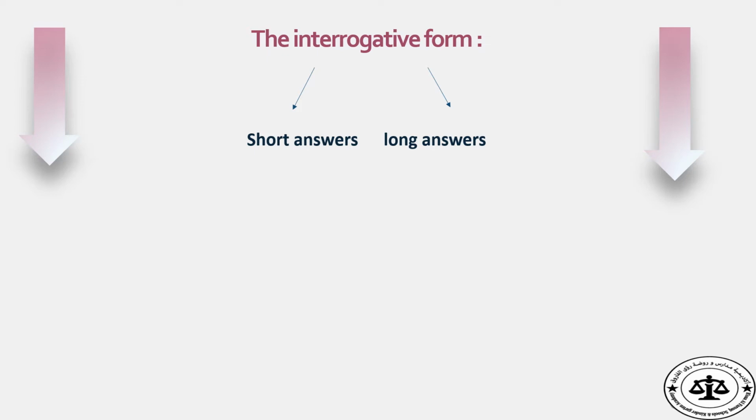Short answers, yes or no questions. Long answers with WH words. Look at this question. Was she sleeping at 7 o'clock? We start this question by using was. This is the helping verb.